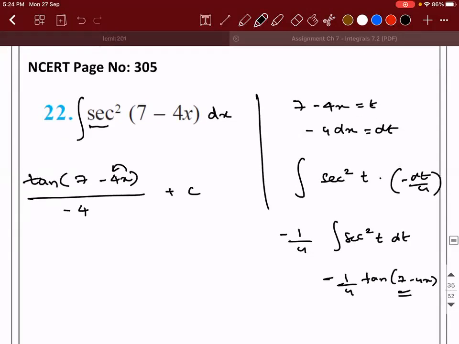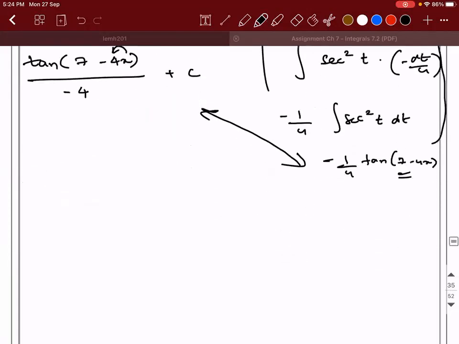I hope it is clear. Now you understood, we are actually skipping these many steps. Please be careful with that minus, because I also make that mistake many times. I forget the minus sign, due to which I've struggled many times. So be careful.